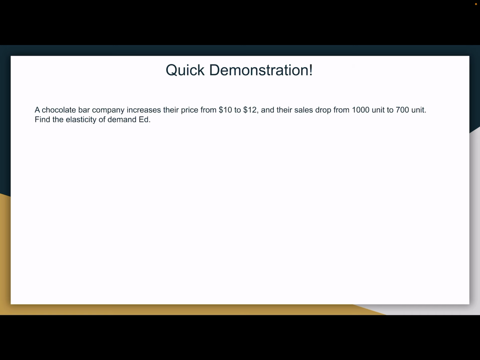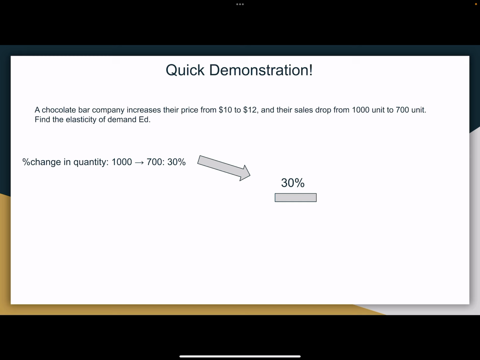So let's make this more specific with an actual mathematical example. A chocolate bar company increases their price from $10 to $12, and their sales drop from 1,000 units to 700 units. Find the elasticity of demand, E_D. We know that sales have decreased from 1,000 units to 700 units. That makes it a 30% decrease in sales. That goes in the numerator of the equation.